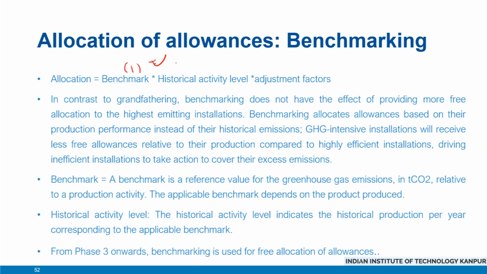So what is this? Firms that have taken action before the ETS to reduce their emission intensity will benefit relative to those with high emission intensity. Therefore, we can say that early action is rewarded. This is unlike grandfathering, where early action was penalized. Here, early action is rewarded because now you have made your process more efficient and, for a given amount of production, you are emitting less, so you are getting rewarded.